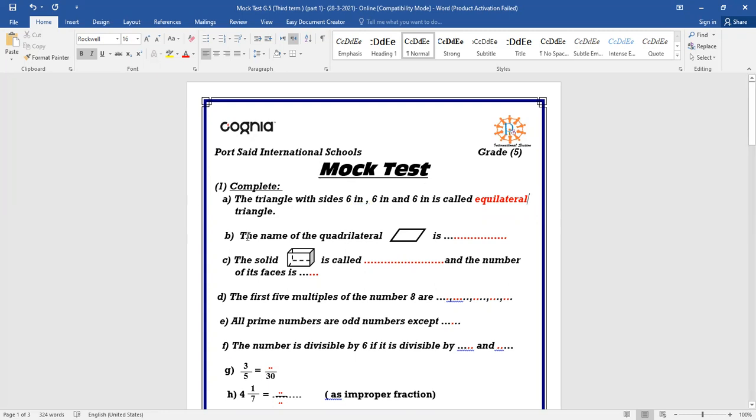Number 2, the letter B. What is the name of this quadrilateral? Yes, Abdurrahman. What is the name of this quadrilateral?